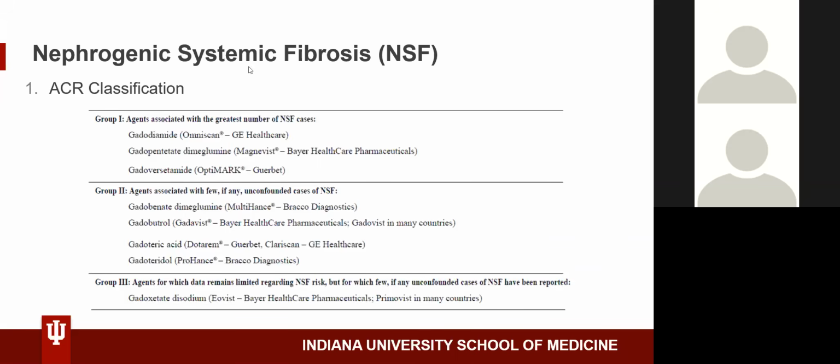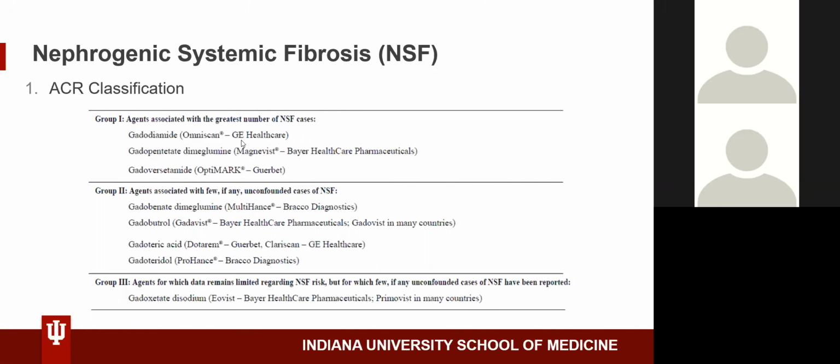So the ACR classification regarding NSF, again, once the FDA released their broad warning, now the ACR has these groups to basically relate back to the table we looked at previously. So group 1 agents are associated with the greatest number of NSF cases.